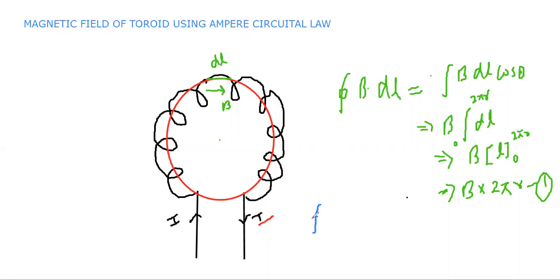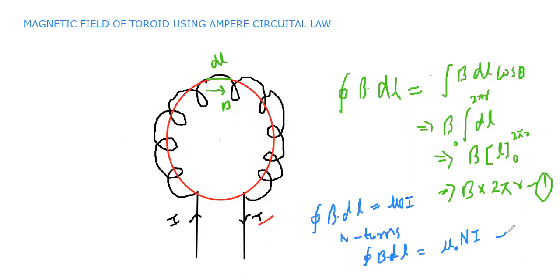So according to Ampere's circuital law, the closed integral of B dot dl is equal to mu naught I, but for n turns, if the coil has n turns, it will be mu naught n I. So in that case, B dot dl is equal to mu naught n I. And if you compare both these equations, what do you get?